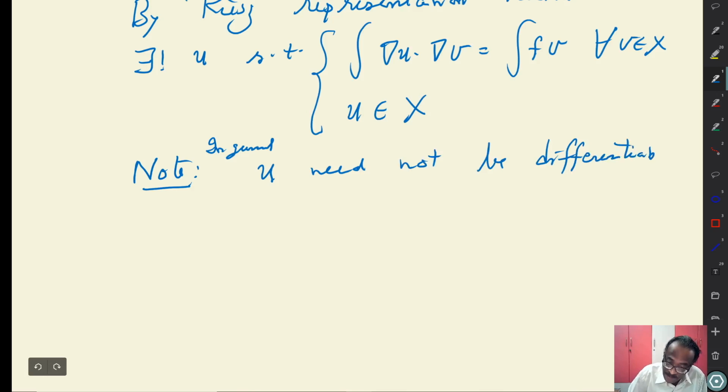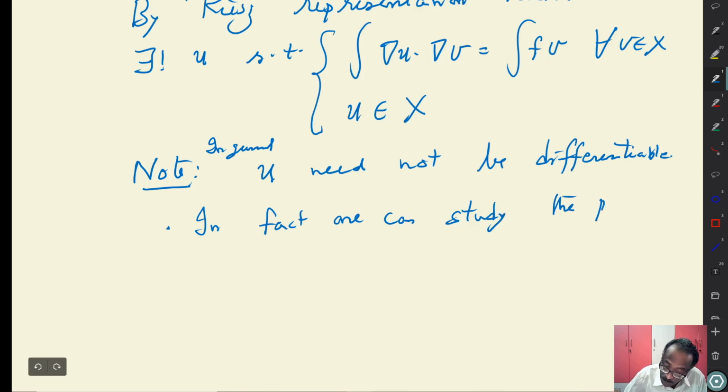In fact, one can study the problem with more general f, with f in L2.